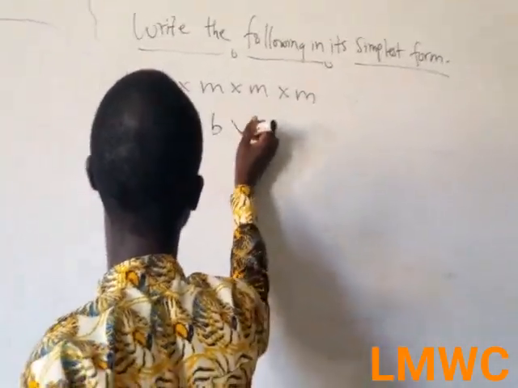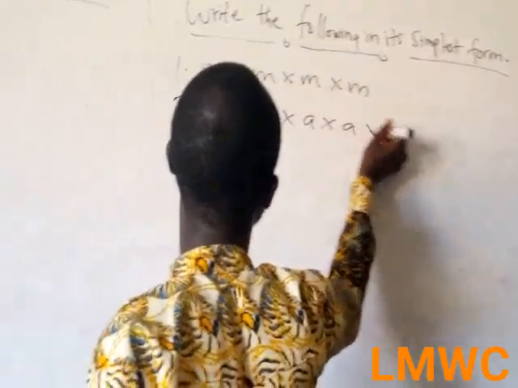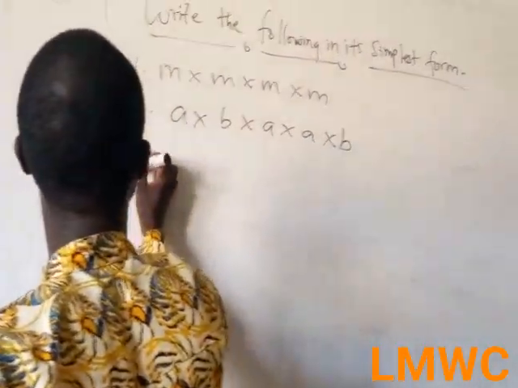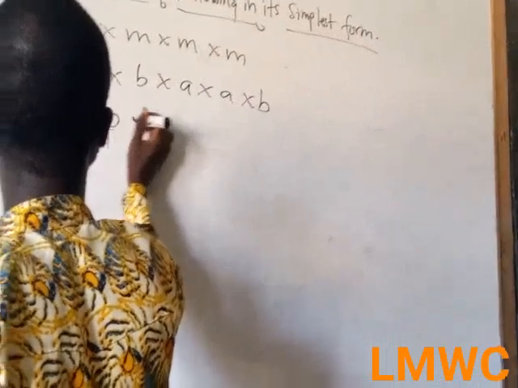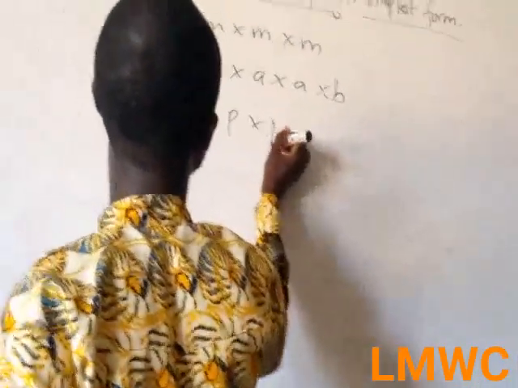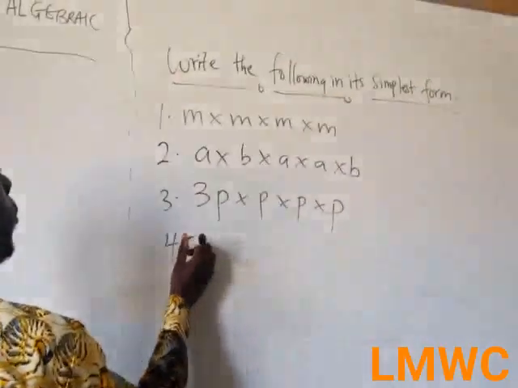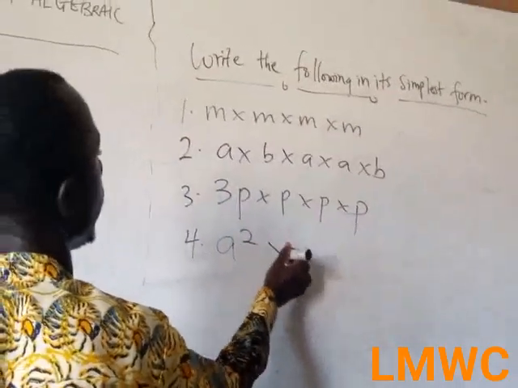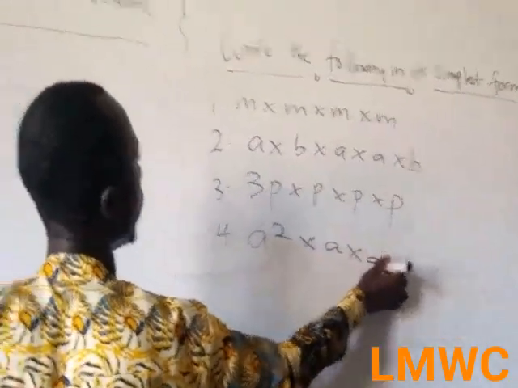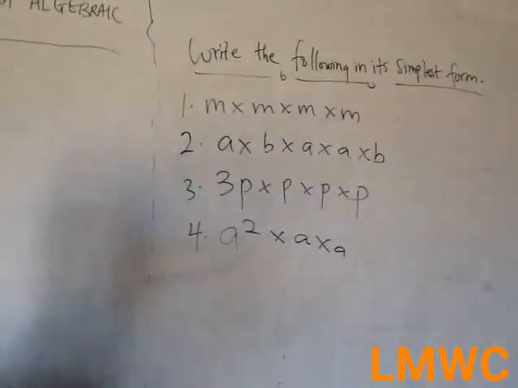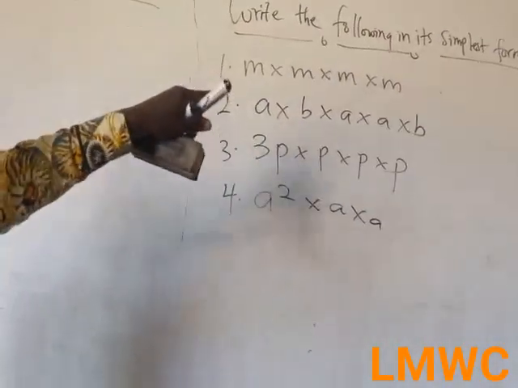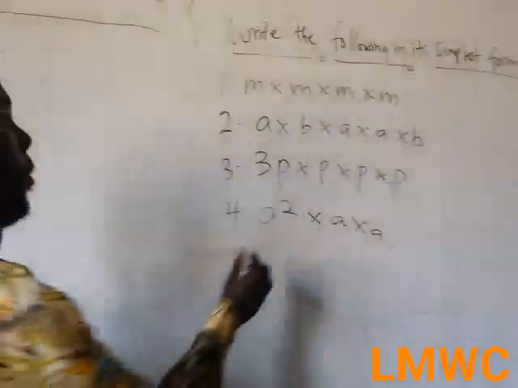A times B times A times A times B. 3. 3B times B times B times B. 4. A squared times A times A. So you have been asked to write the following in its simplest form.